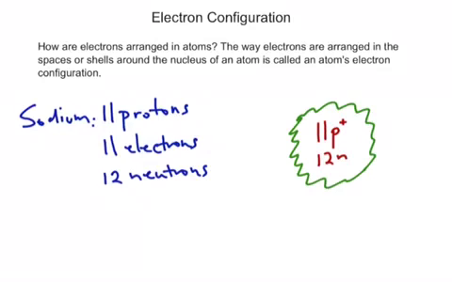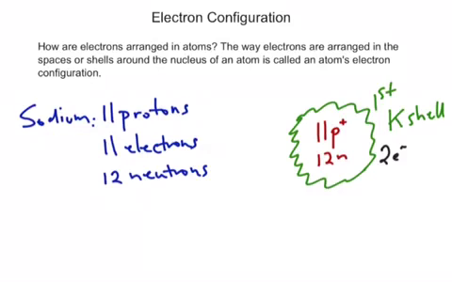This first shell is also referred to as the K shell. So in the first, or K shell, can be found up to a maximum of 2 electrons. Once 2 electrons are put into the first, or K shell, then it is full. This area of the first shell cannot hold any more.